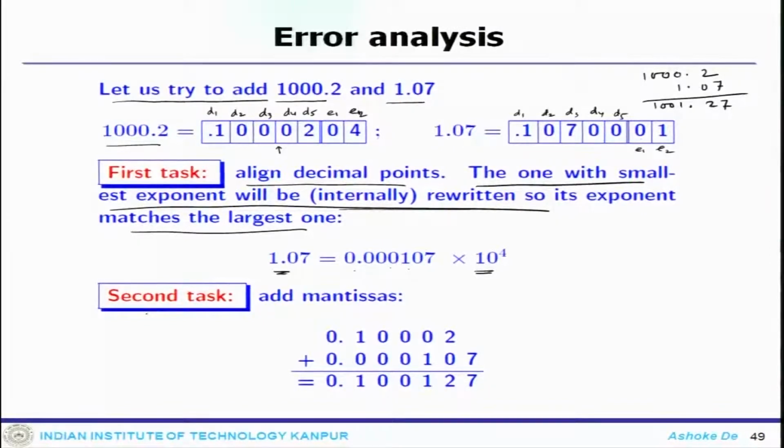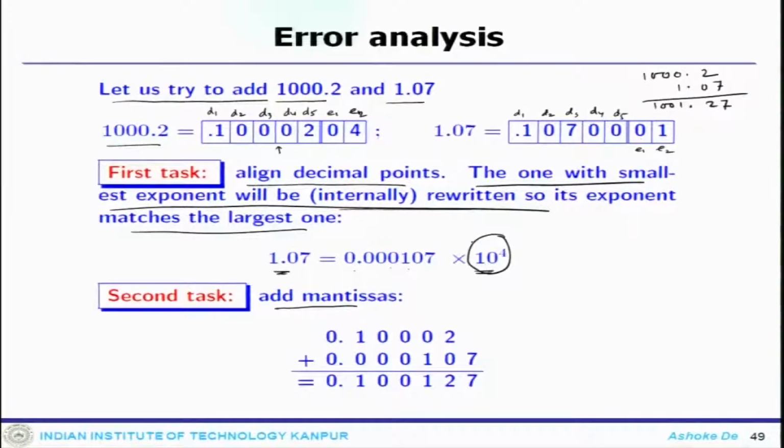Now, the second task is that we add the mantissas. The mantissa in this case was 0.000107, and in the other case 0.10002, and while doing this we have kept the exponent part constant.